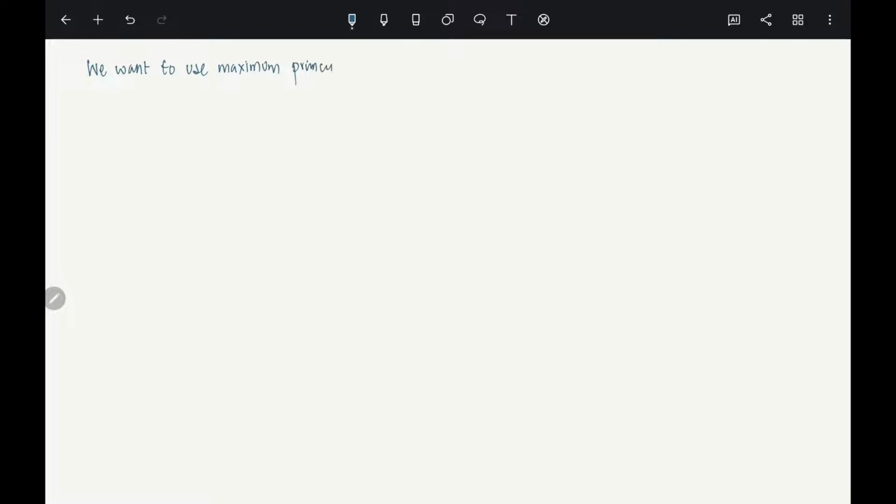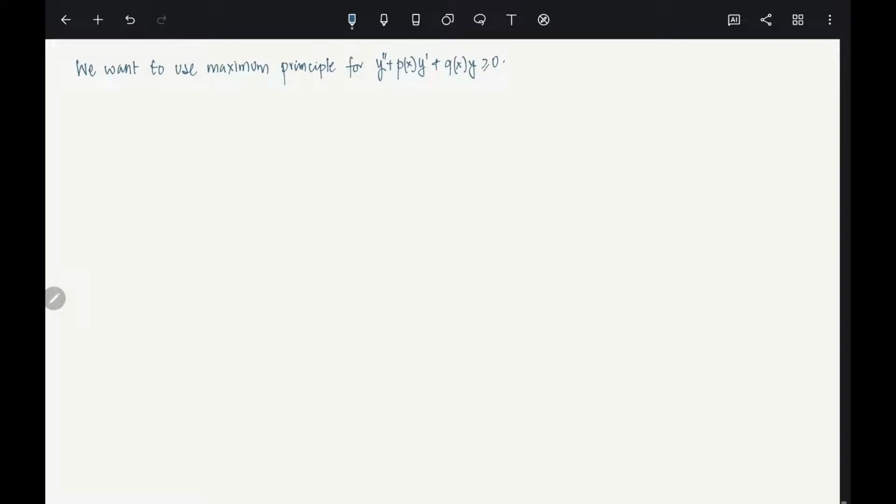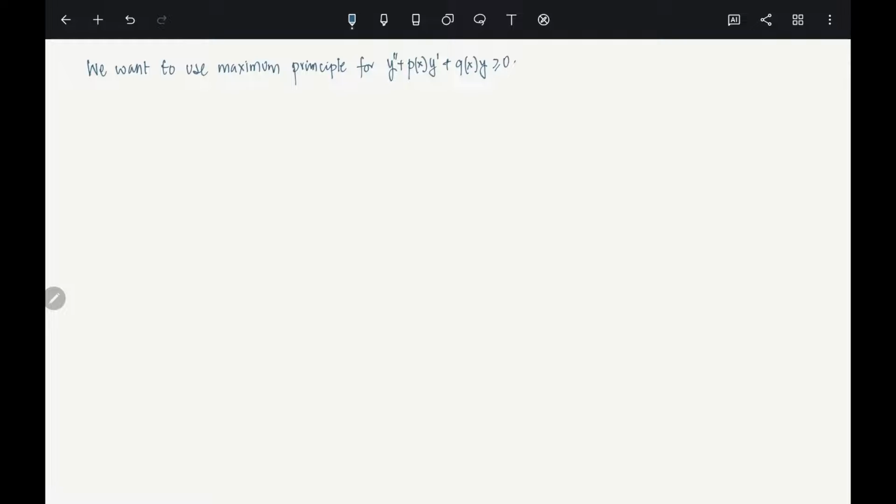Let me write it down. The principle for this sort of problem: y double prime plus p(x) y prime plus q(x) y is greater than or equal to 0. We want to write down a maximum principle for problems of this particular form.